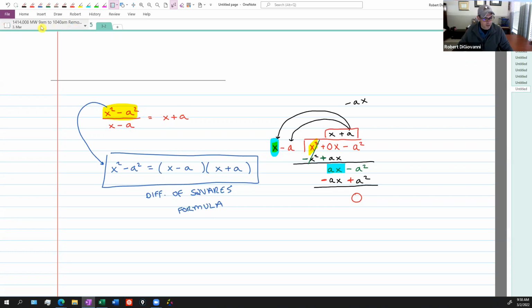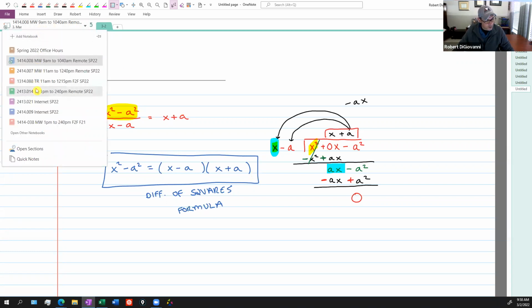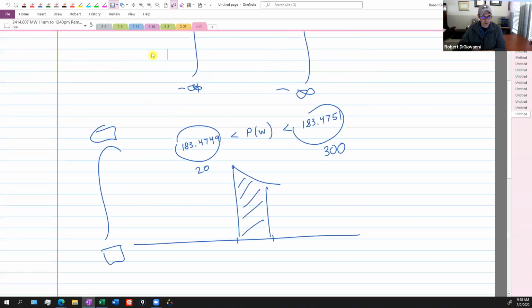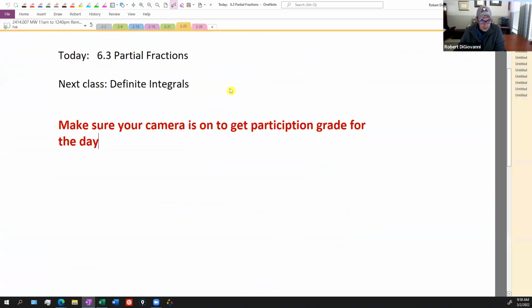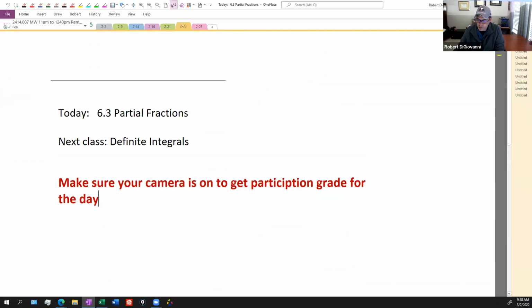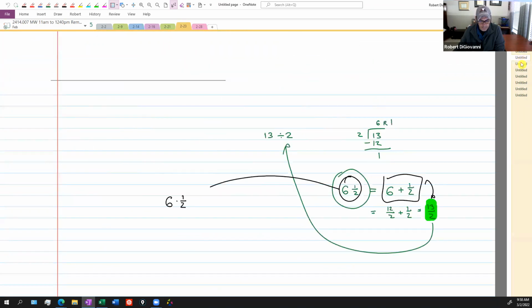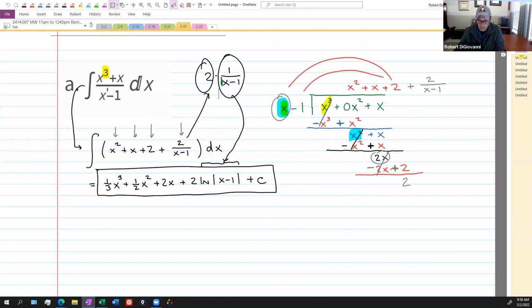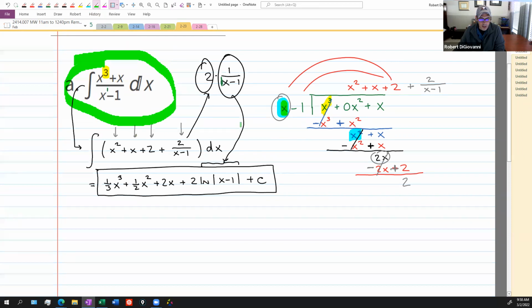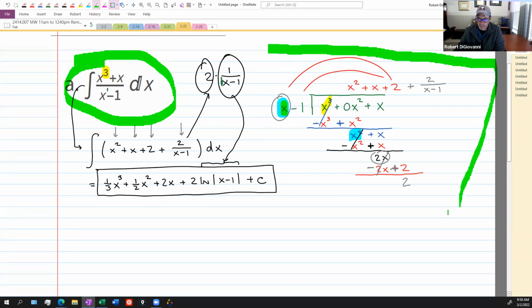Let me show y'all something. Bring up my Cal 2 notes. Okay, so this was a Cal 2 problem right here. Y'all see this? This is the problem that we were doing in Cal 2. And this was our first step.